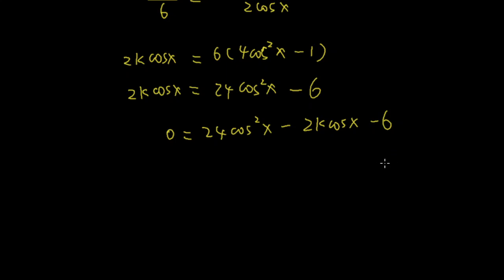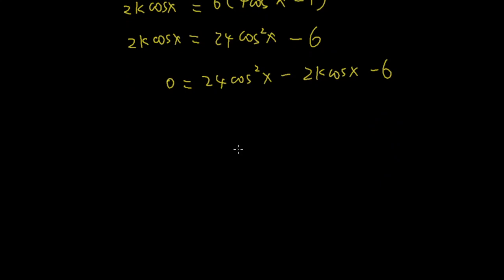Now what should we do next? I think we should try to find the solution to cosine x, then see how many possible solutions or roots it can have, and that will give the value of k. To do that, we pretty much have to factor this quadratic equation.